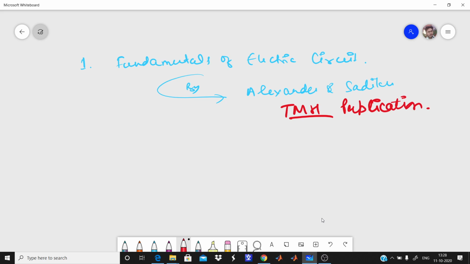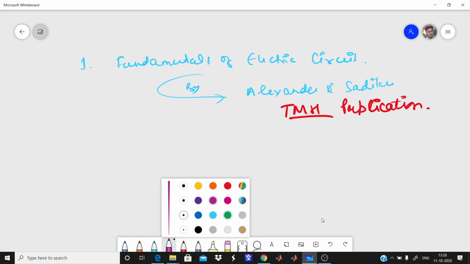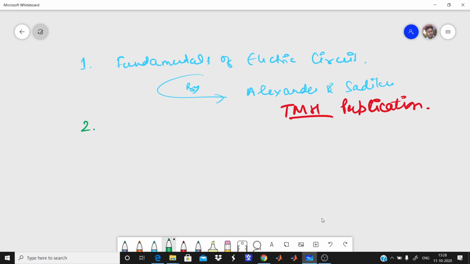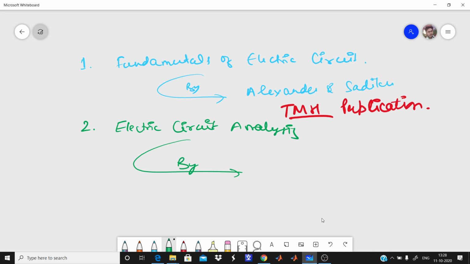This one is the best book through which you can get basic to advanced information about electrical circuits. Other books are also available, but the second book that will be beneficial for you is Electric Circuit Analysis by Hayt and Kemmerly.